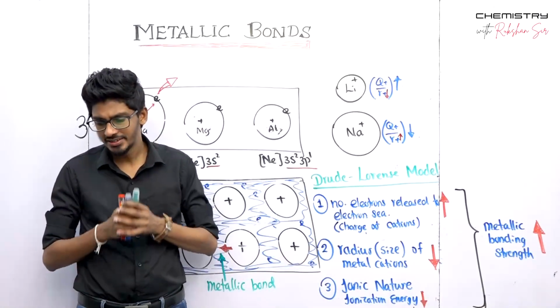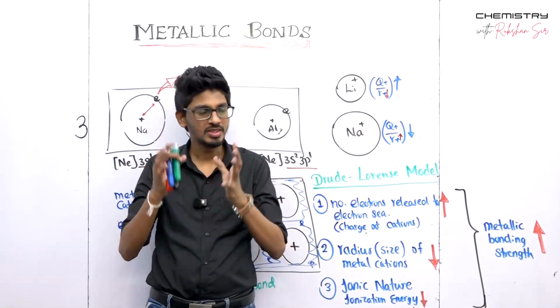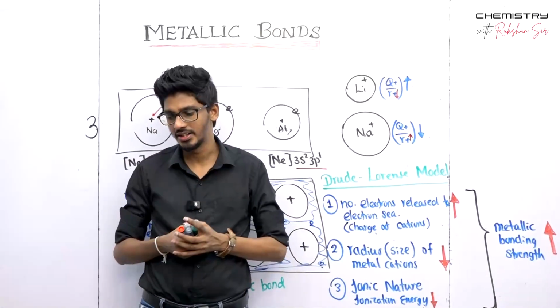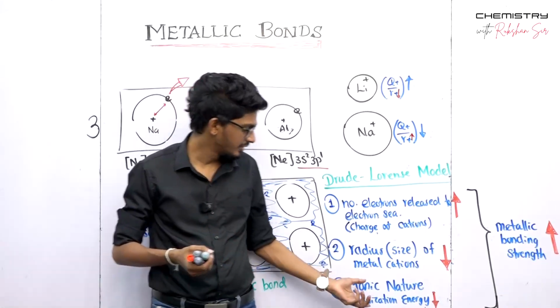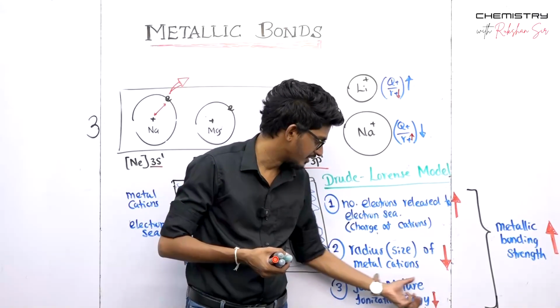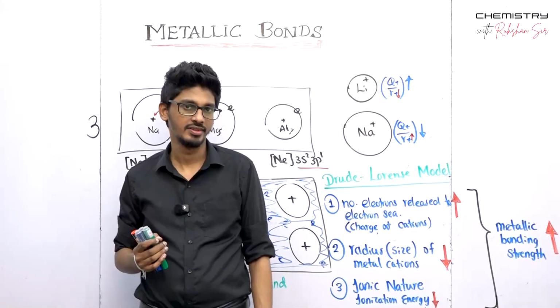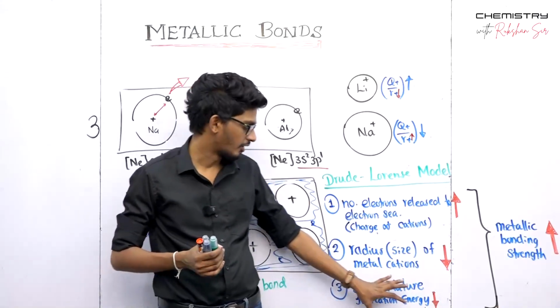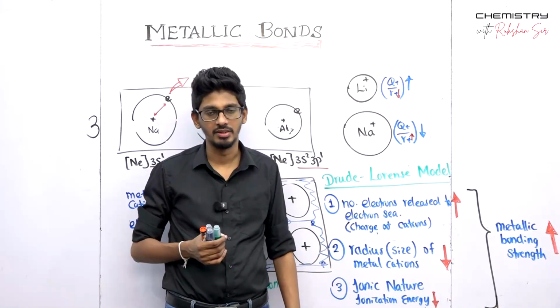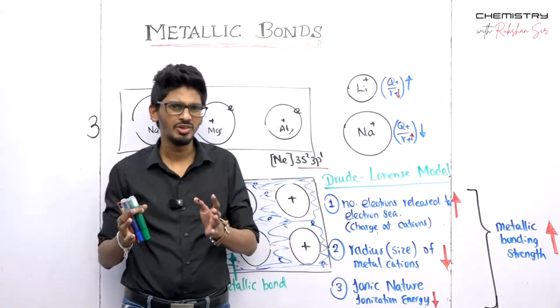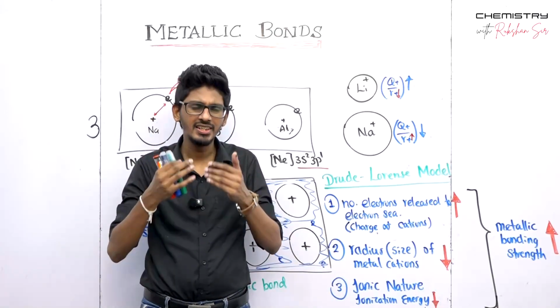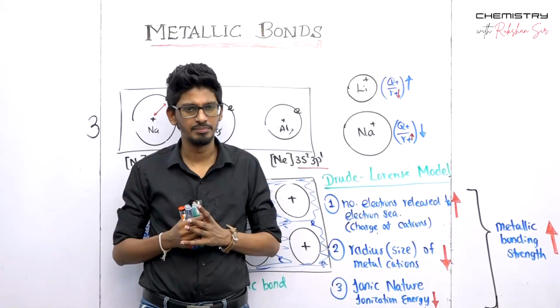So these things are normally written in notes, right? Actually, this ionic nature will be considered only with the D block guys. There's no effect of the ionic nature with the S block guys, because S block elements always release their outermost electrons completely.